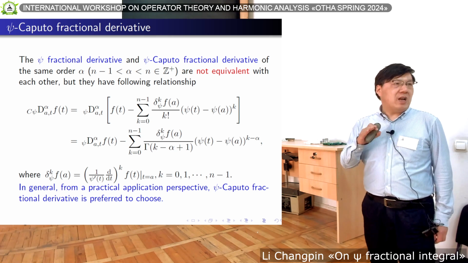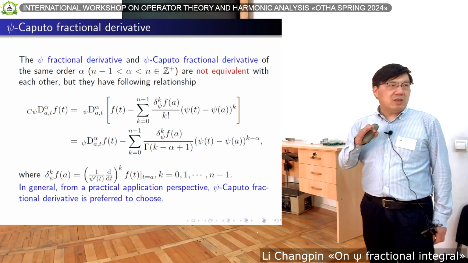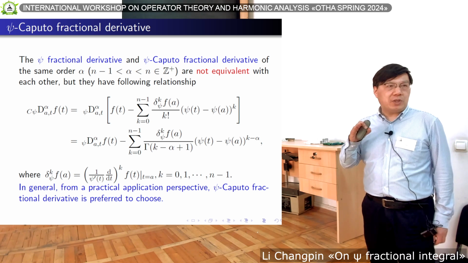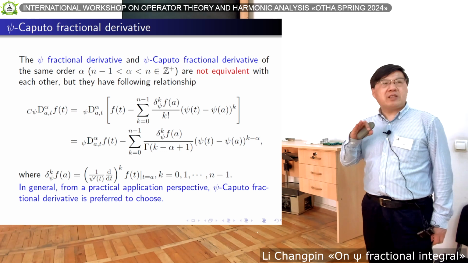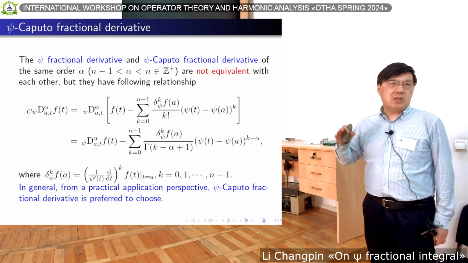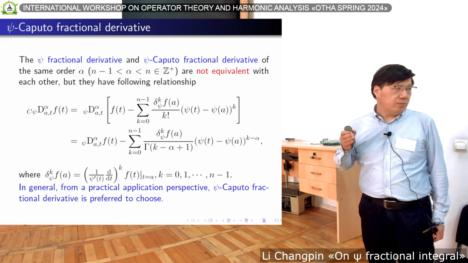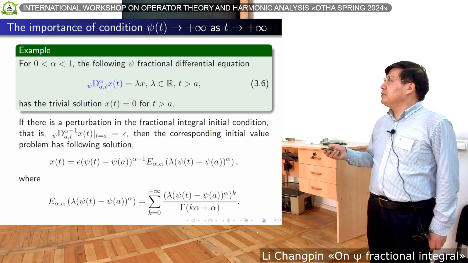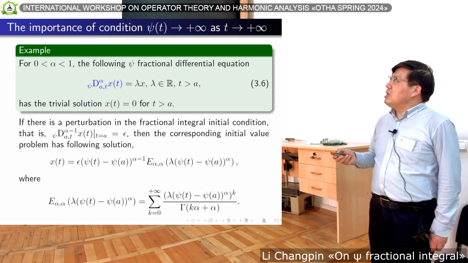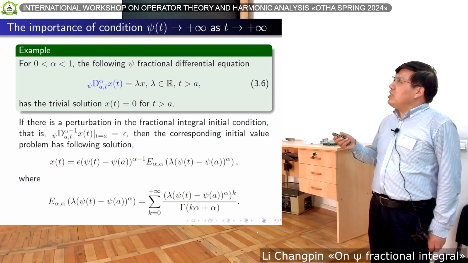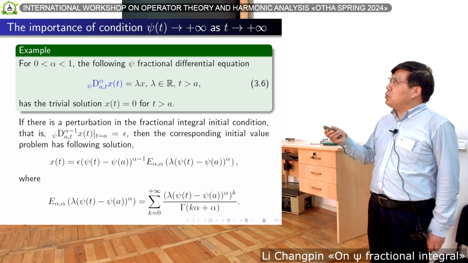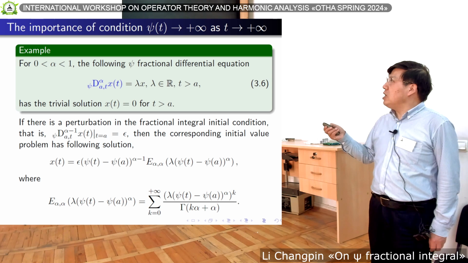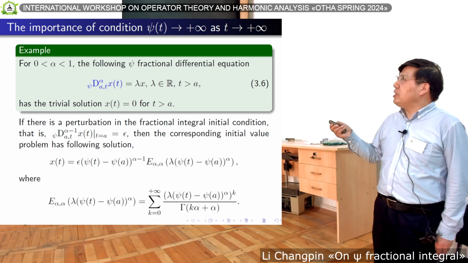In pure math and physics, the psi Riemann-Liouville fractional derivative is used, but in applied mathematics and engineering, we use the psi Caputo fractional derivative. We show why we need this condition, that psi(t) approaches positive infinity as t approaches positive infinity.